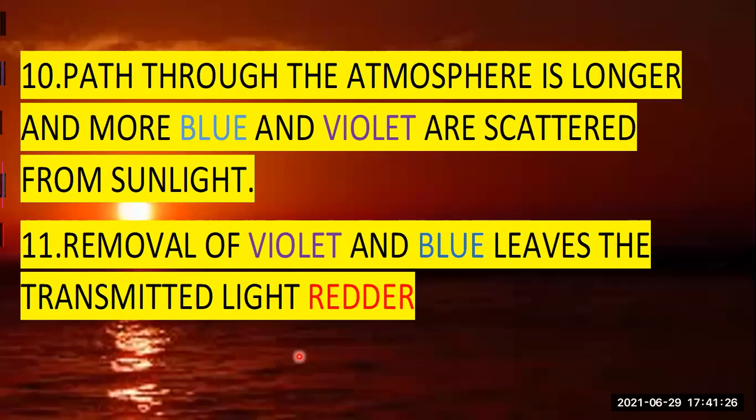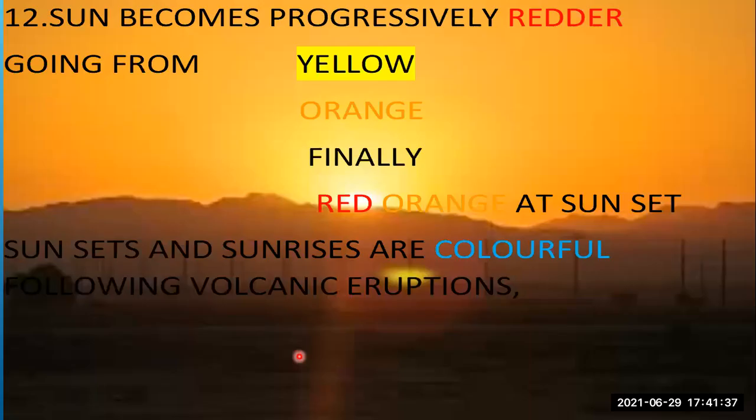So the sun becomes progressively redder. What was the sequence? Yellow, then orange, and finally red-orange at sunset.